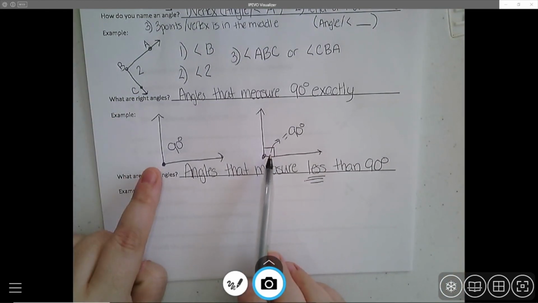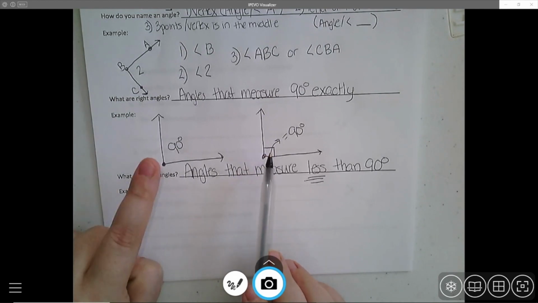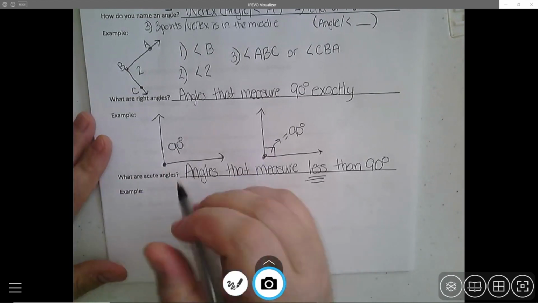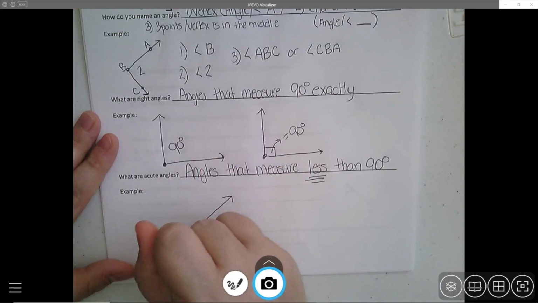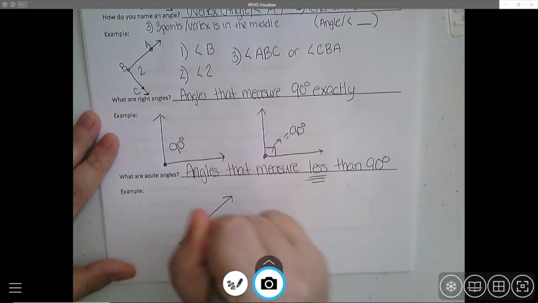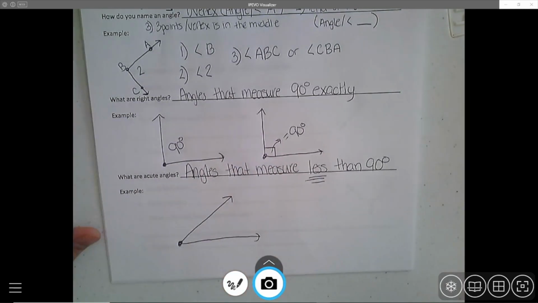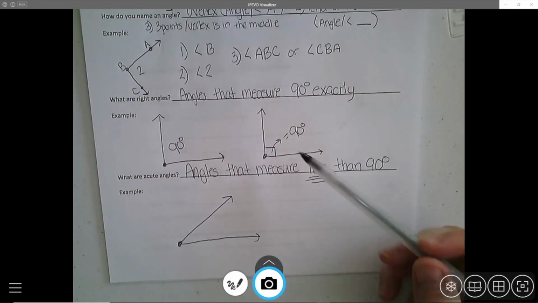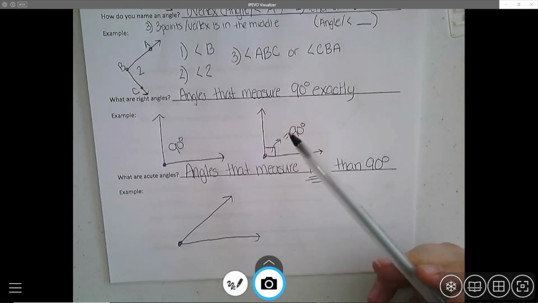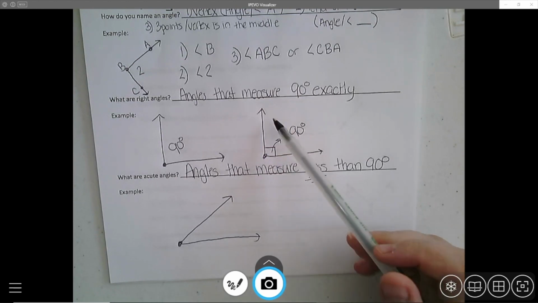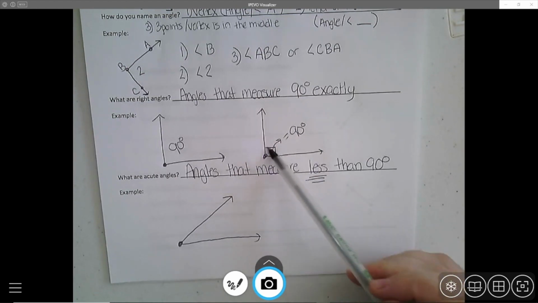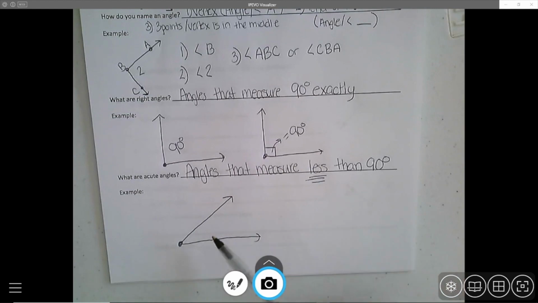So you're going to have pictures that look smaller than these right angles. So I could simply have a drawing here. This angle is an acute angle because it looks less than a 90 degrees. 90 degree angles look like corners. Okay, this is like a corner. You have a wall, they meet at the corner. Okay, this does not look like a corner of a wall, it looks something smaller, making it acute.